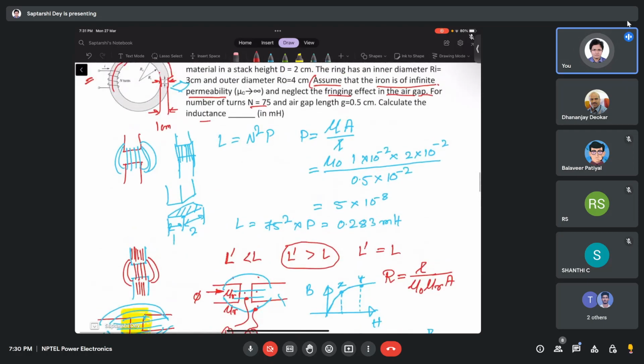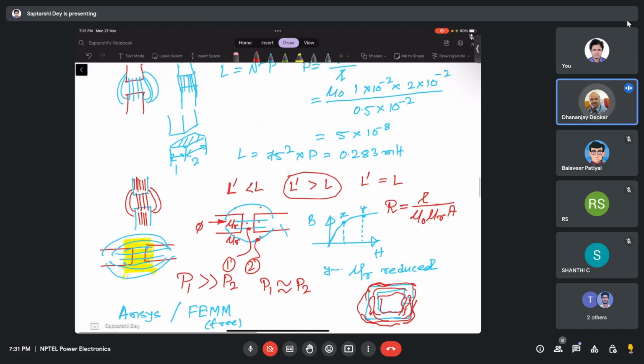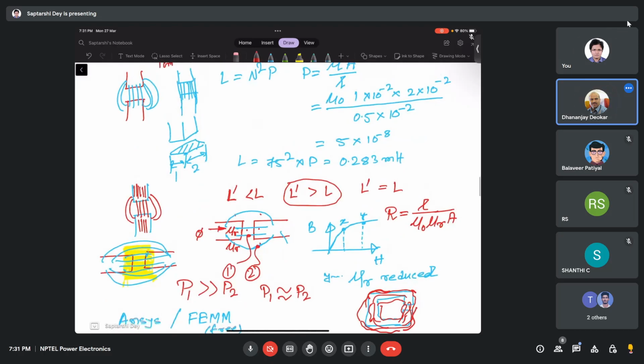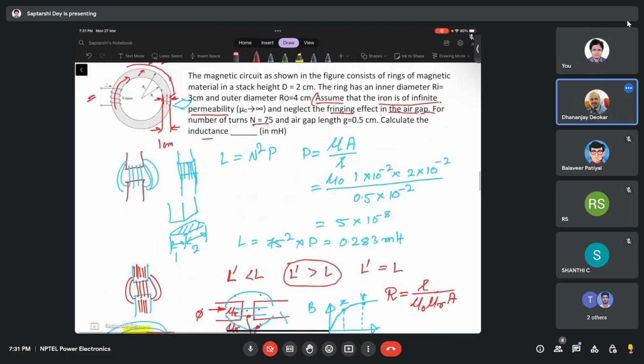What consideration are you talking about? In the equation, L is equal to mu 0 mu r Ac n square by Lg. Okay, the mu r is going to change as per the air gap. Yes.